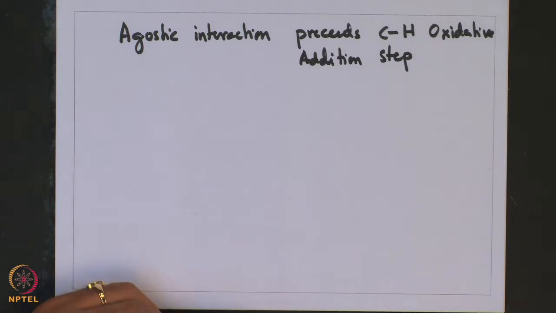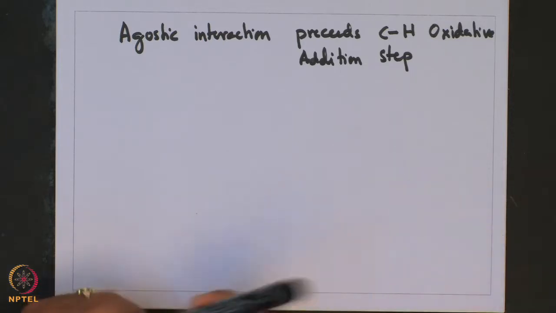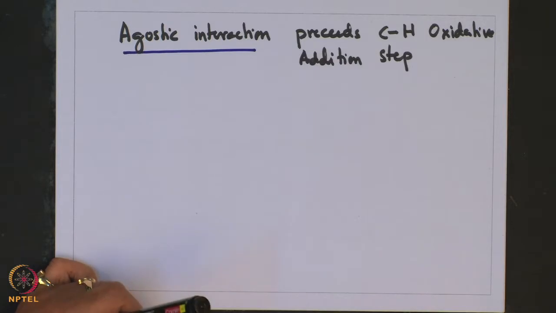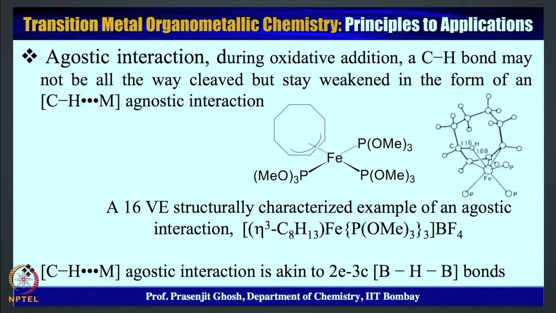So, that sort of implies that the agostic interaction initiates the CH activation mechanism, or triggers the CH activation pathway.